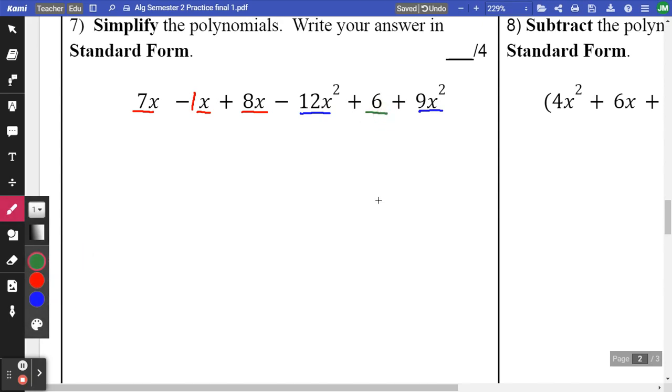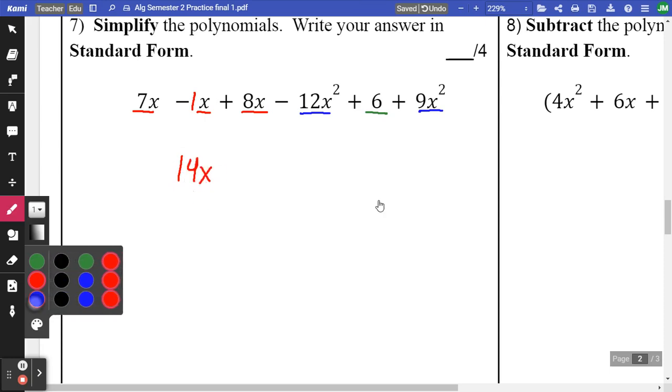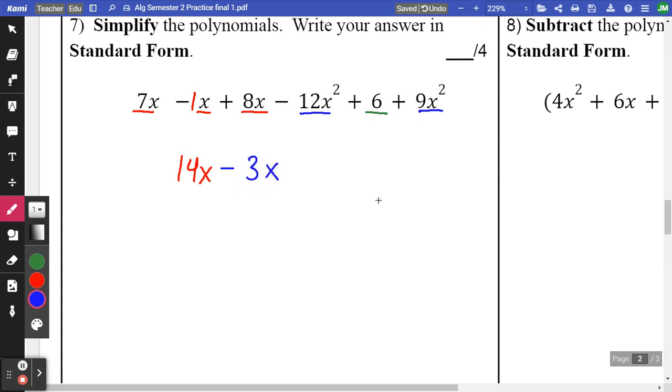So all the reds I can add together. That's going to be 7 minus 1, which is equal to 6, plus 8 is equal to 14. So 14x. Now for the blue, we have negative 12 plus 9, only adding the coefficients, and that's going to be minus 3x squared.